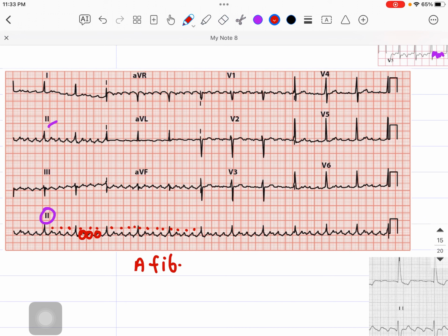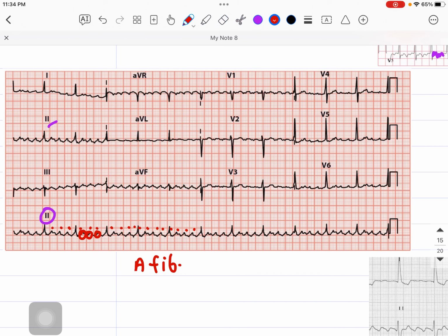One more thing, guys: how to calculate the rate in the ECG for patients who have an irregular RR interval, who do not have a regular rhythm. If you remember this ECG series, I have discussed how to calculate the rate, but for the regular RR interval, the regular rhythm.